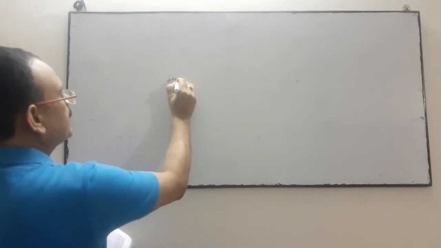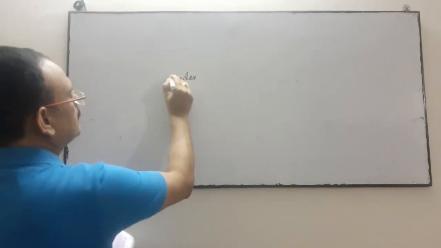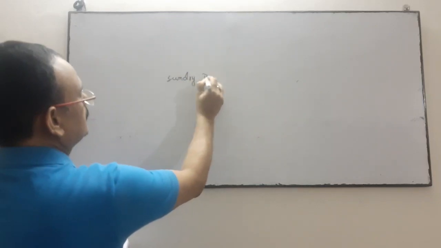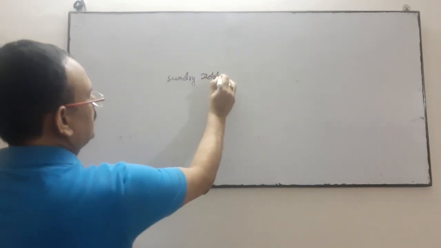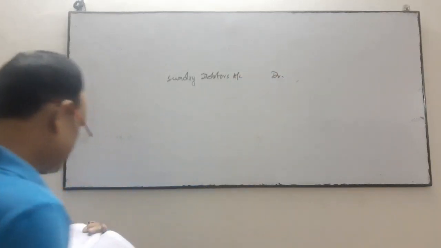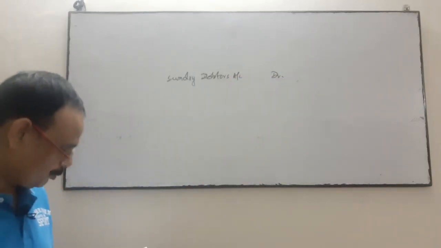So sundry debtors or debtors account debit. He has promised, not paid. He has promised to pay.